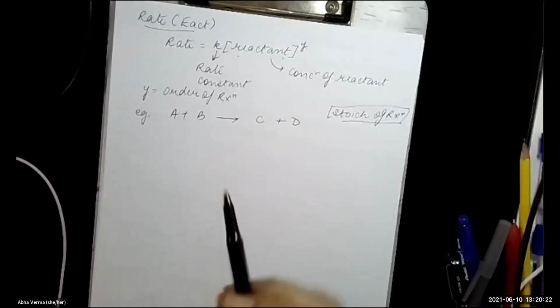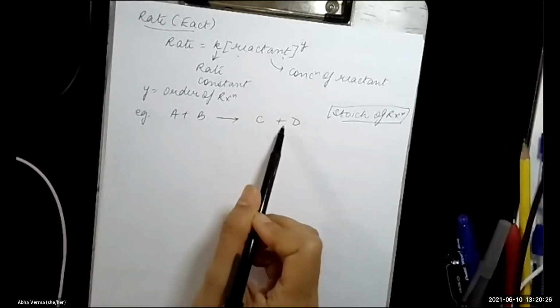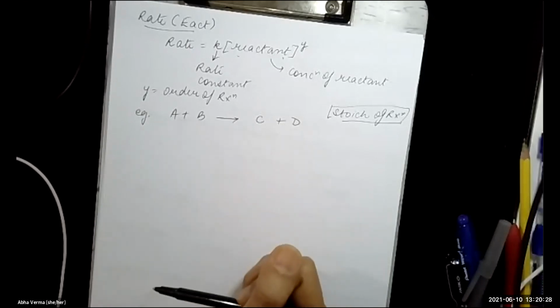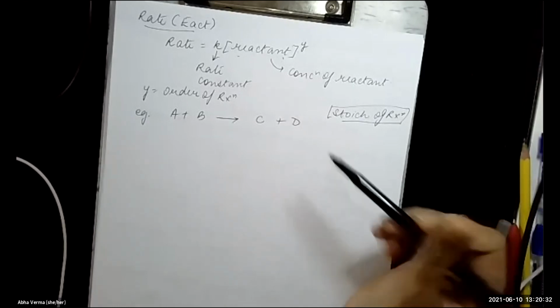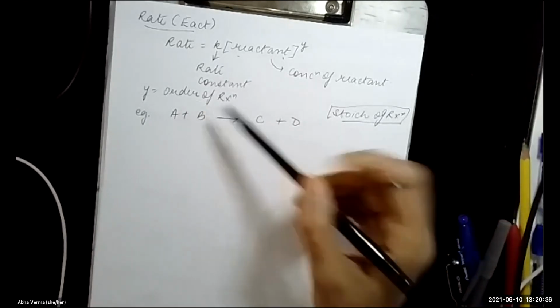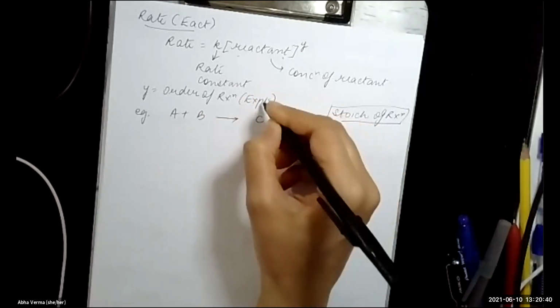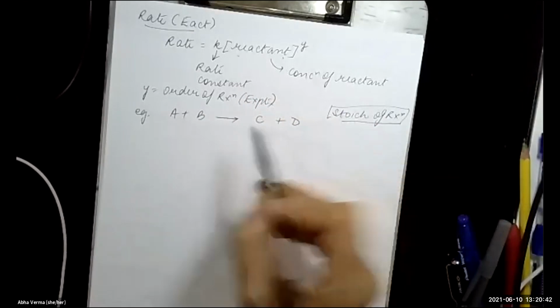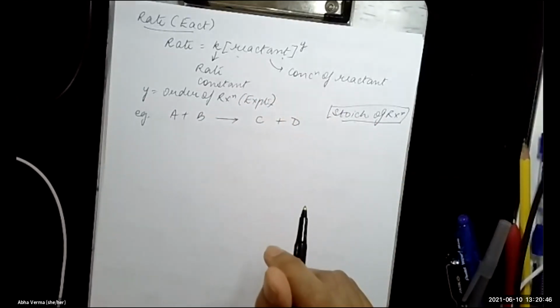And so the numbers with which we balance out the compounds, they are the stoichiometry. The order of the reaction is something that we have to find out experimentally. This is done experimentally. This cannot be found out by just balancing the chemical equation.